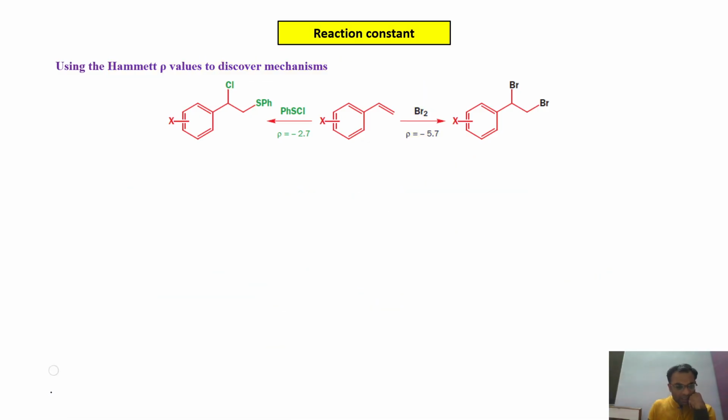Now, if we consider the second reaction, this is your substituent at the meta or para position.